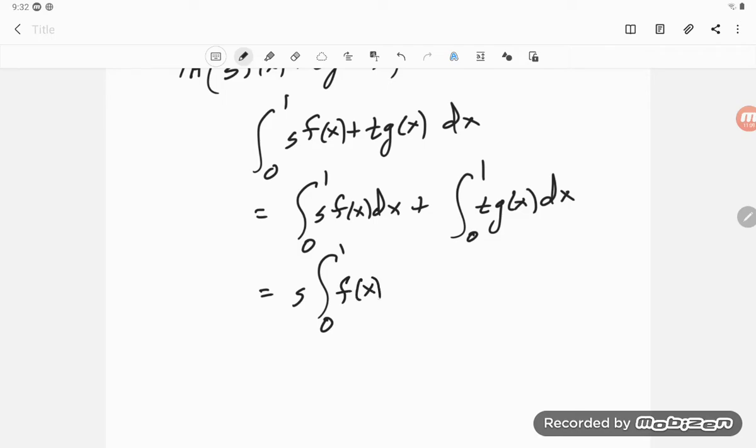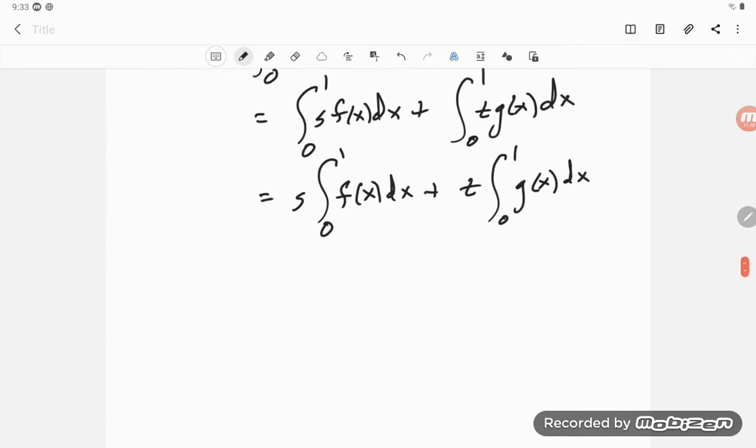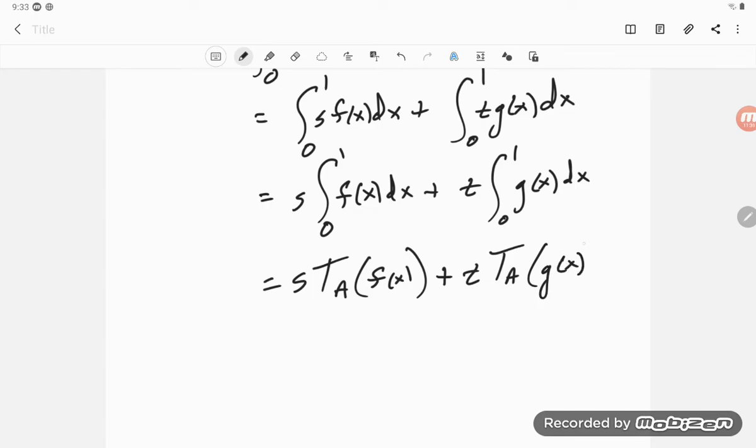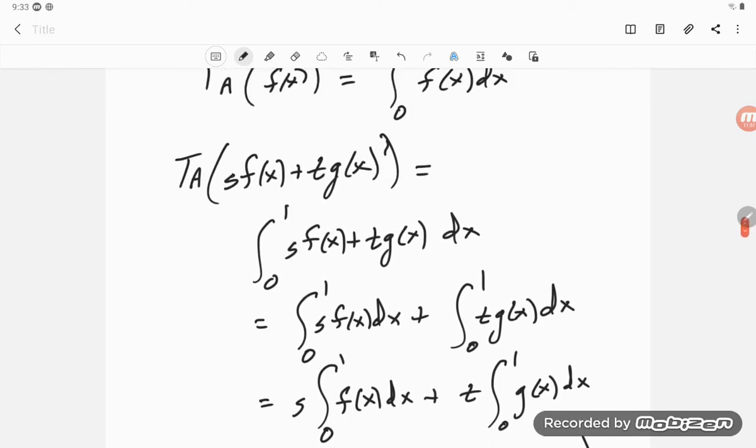So s times the integral from 0 to 1 of f of x dx plus t times the integral from 0 to 1 of g of x dx. But you see, that's just s times T_A of f of x plus t times T_A of g of x. So it's a linear transformation.